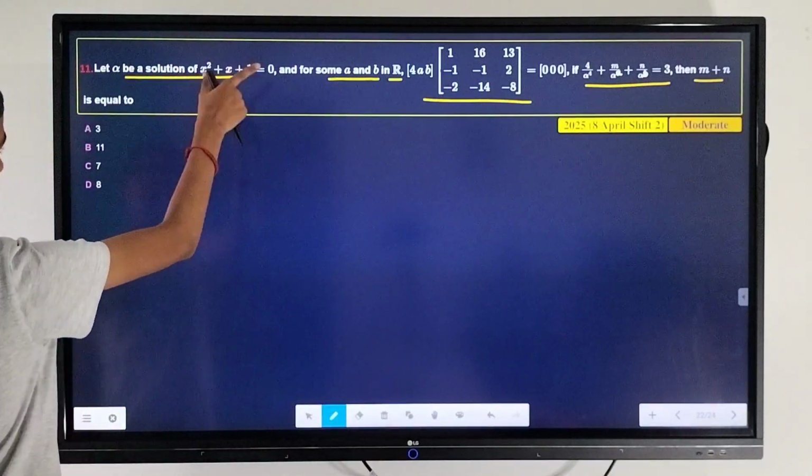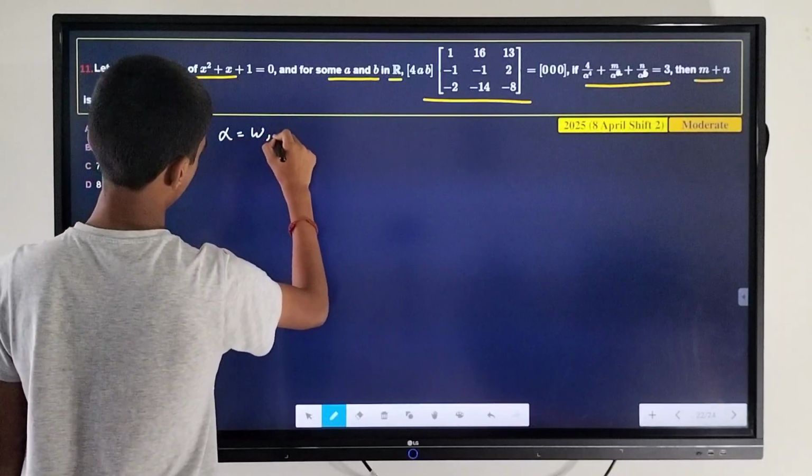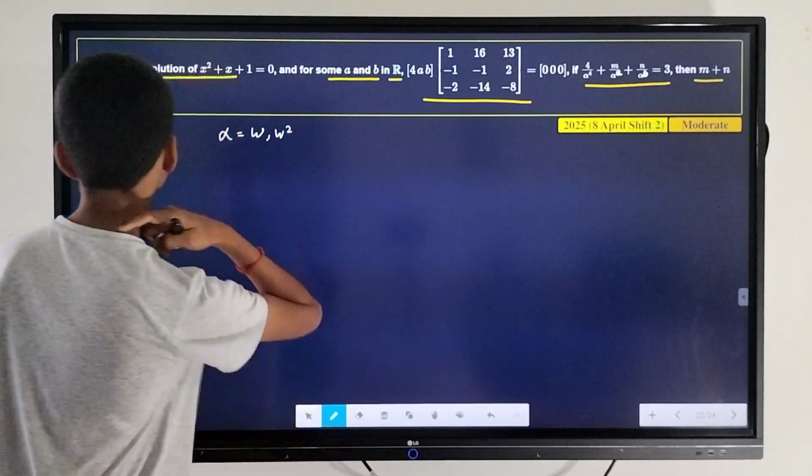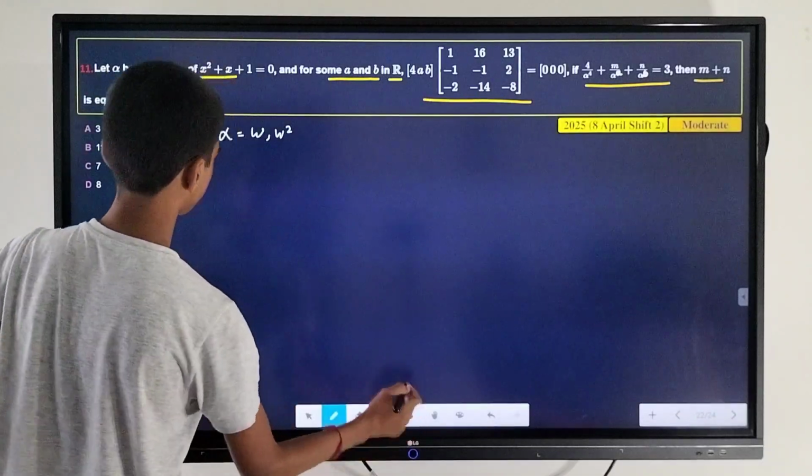Now here we can clearly see that alpha is equal to omega and omega square. It's a standard result. Now let's solve this equation.